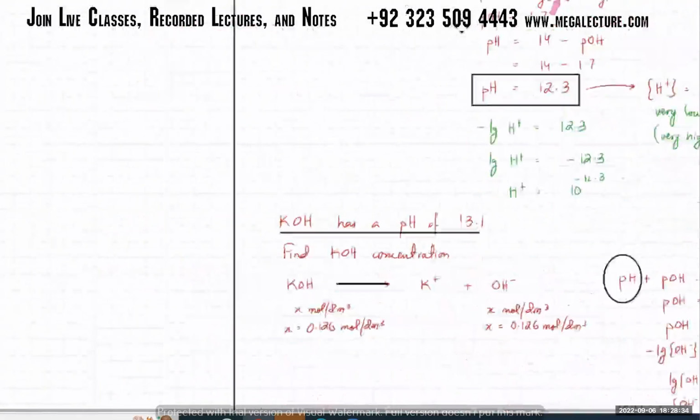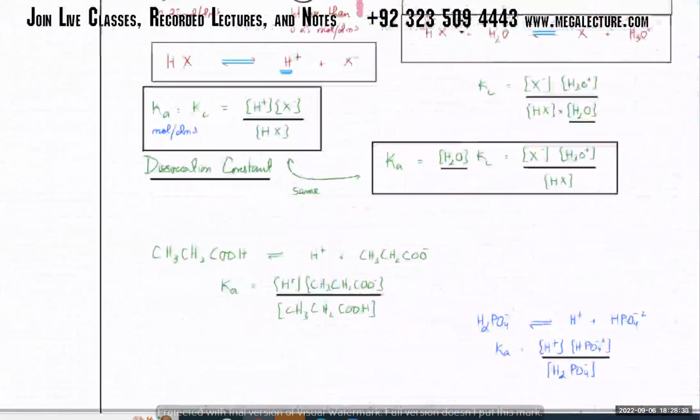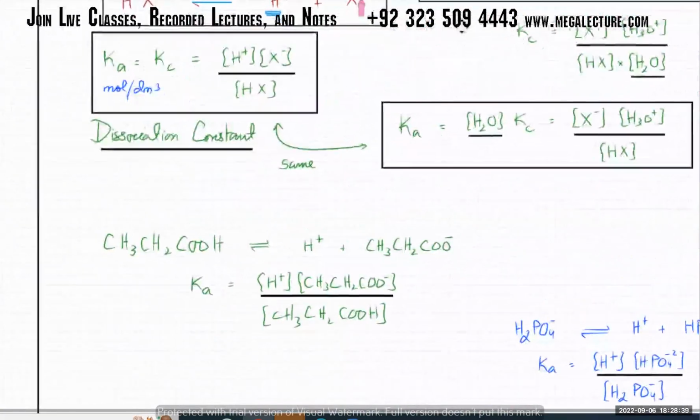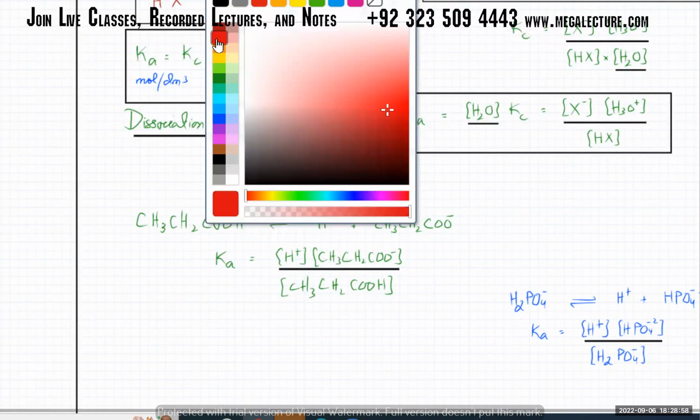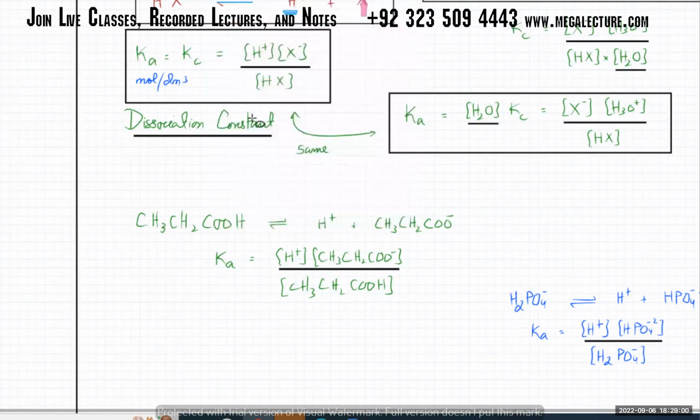Coming back, we had to derive another expression from this. If a weak acid ionizes, it will produce H+ ions and negative ions, X minus, in exactly the same quantity, whichever weak acid it is.